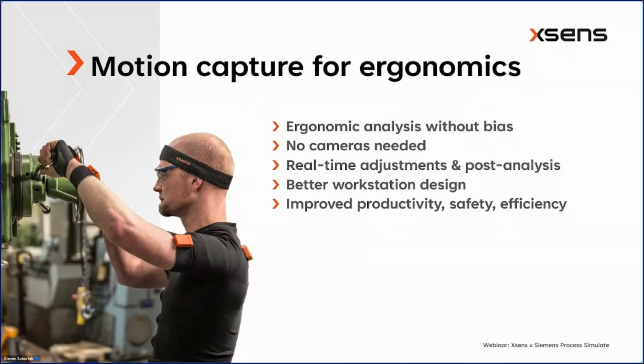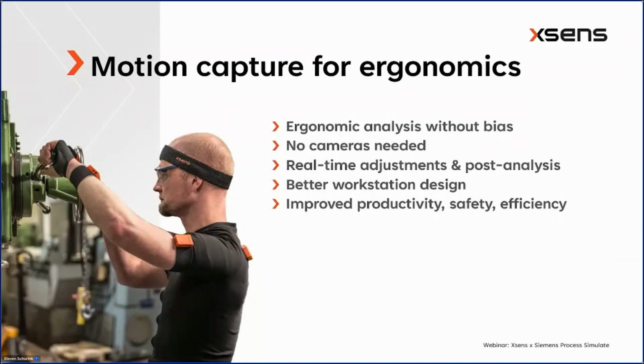So using motion capture technology for ergonomics is done quite often now. And why do people choose to use motion capture technology for ergonomics? For example, you can do your analysis without any bias. There's no person who has to say, oh, this motion is within or outside of the limits; it's just a measurement done without bias.